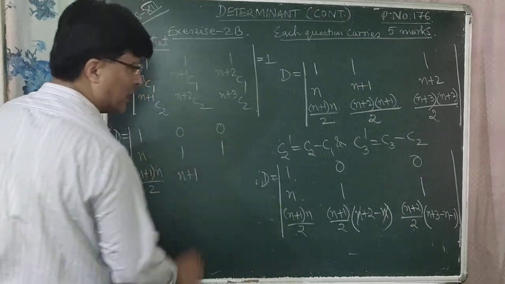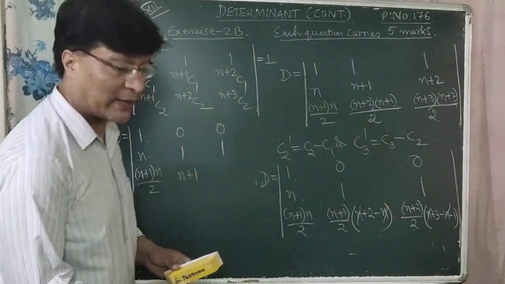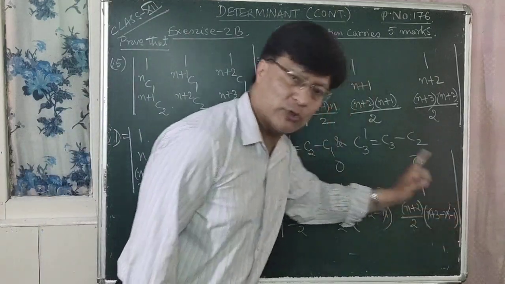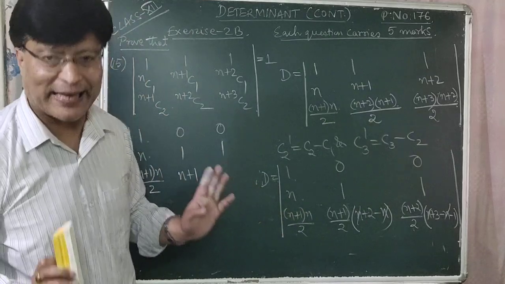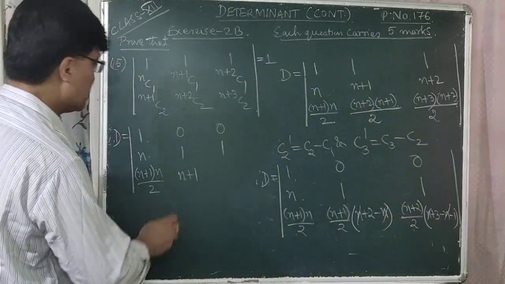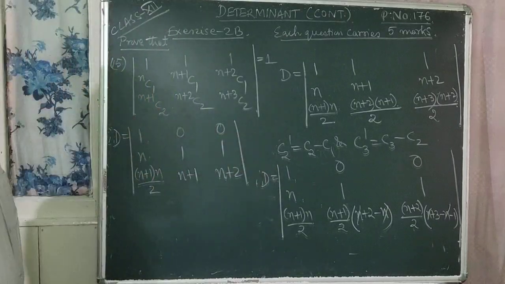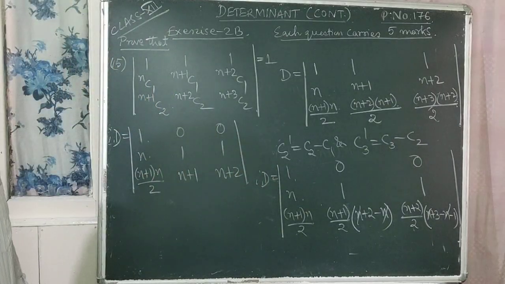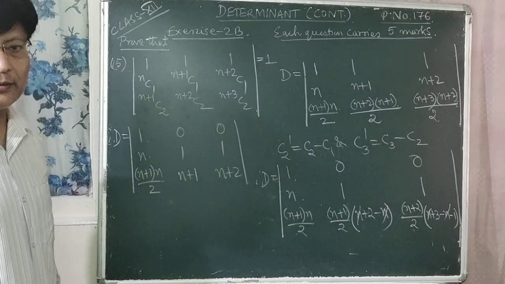It is 0, 1. Here also n gets cancelled, right? What is 3 minus 1? 2. So in the next step this 2 also gets cancelled. So we get only n plus 2 here. So this is the simplified form of the determinant. Clear? So now we can easily expand it, and you can prove this is equal to 1, right?